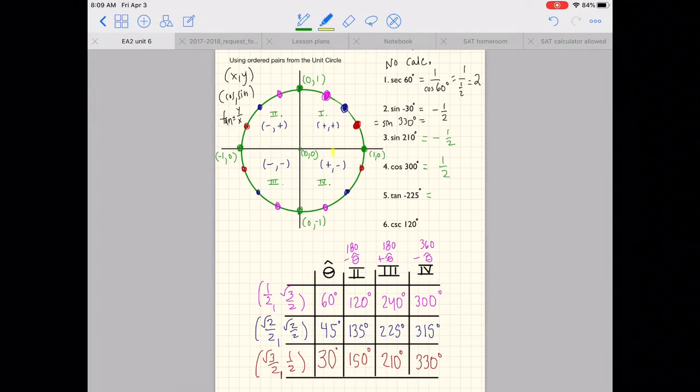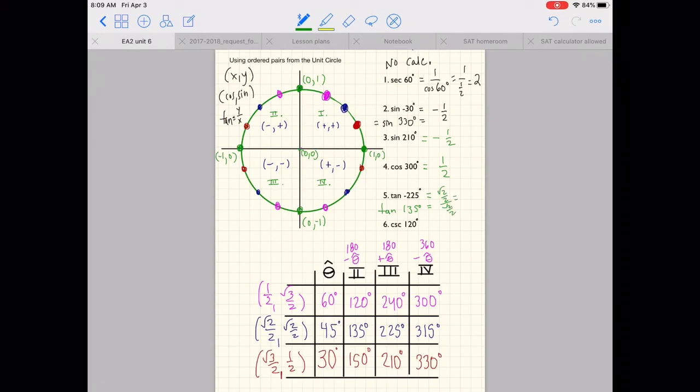So negative 225 is the same as what coterminal angle? By adding or subtracting 360, you can get a coterminal if you need it. So to add 360 to negative 225, I believe you get 135. So once you see that it's the same as something on the chart that you're familiar with, the tangent is y over x.